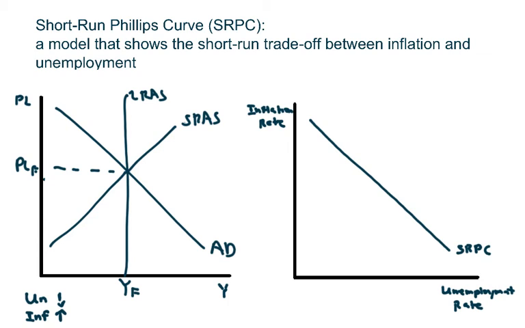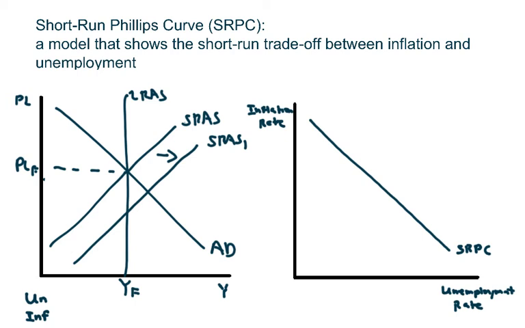And this time, let's play around with this. What happens if there is a change in short run aggregate supply? How would that impact the short run Phillips curve? Let's say we move short run aggregate supply to the right, because there are lower input costs. When that happens, I'm going to change my unemployment and inflation markers down here.